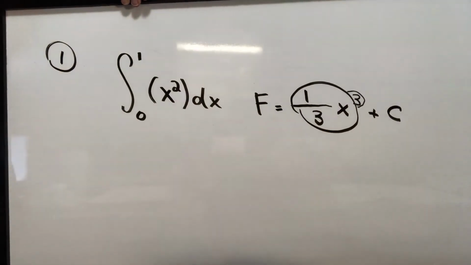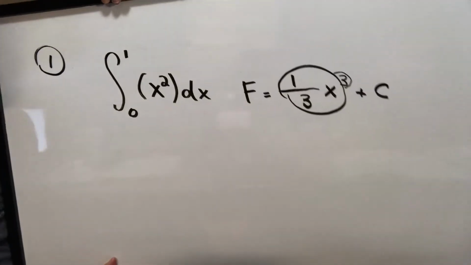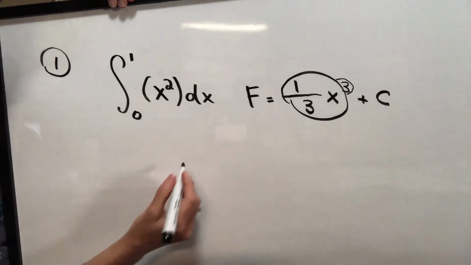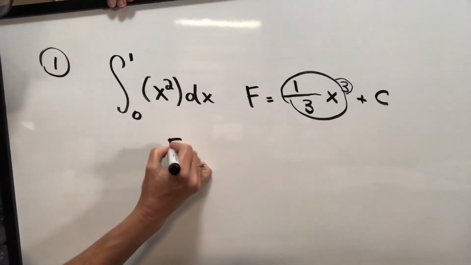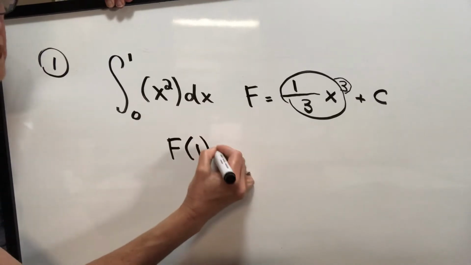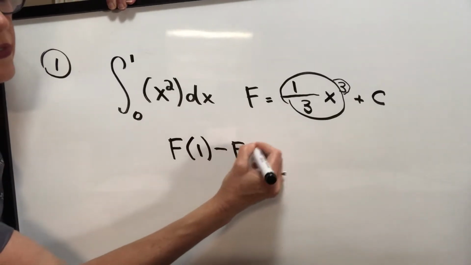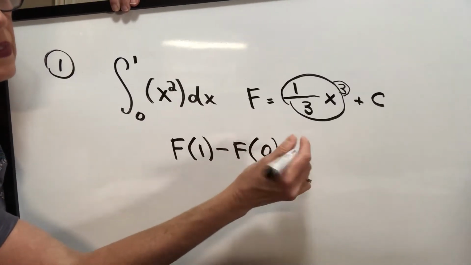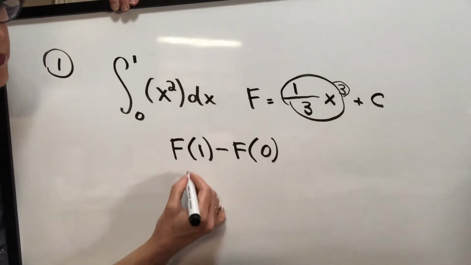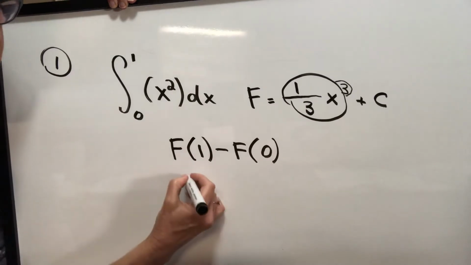Okay, so we're going to plug that into the fundamental theorem of calculus. Okay, so we're going to find the antiderivative evaluated at 1, and then we're going to subtract the antiderivative evaluated at 0. So that should be 1/3 x cubed. Okay, so that means we're going to plug in 1 to 1/3 x cubed.